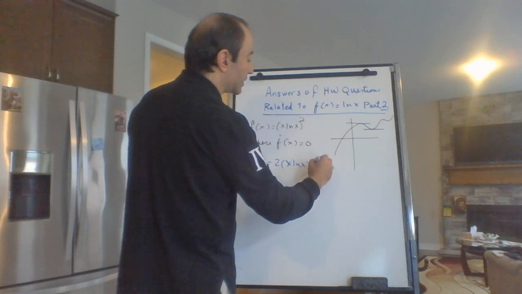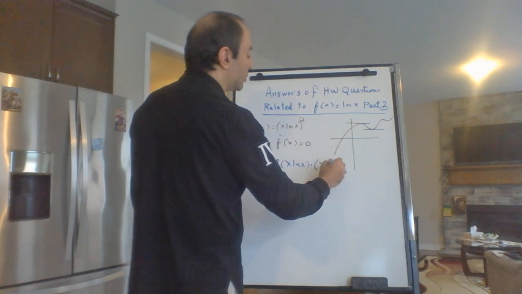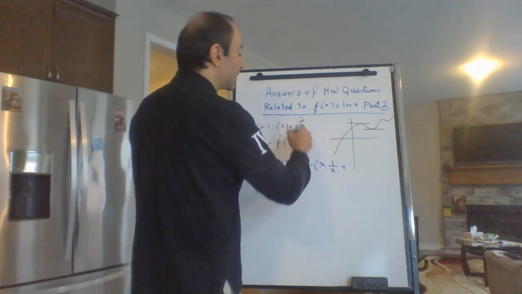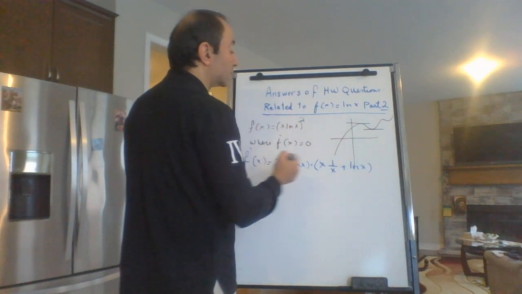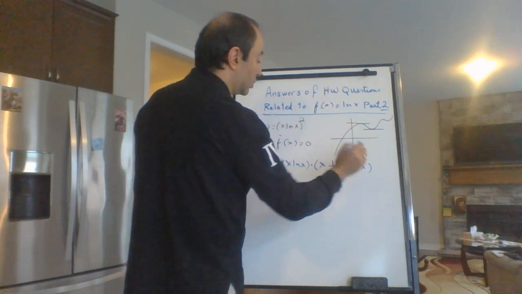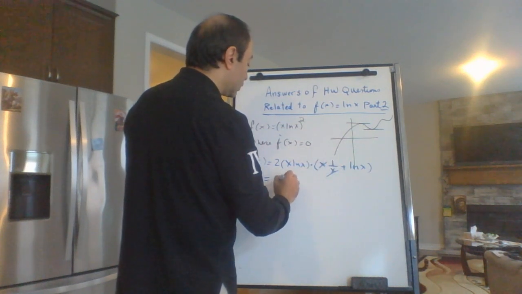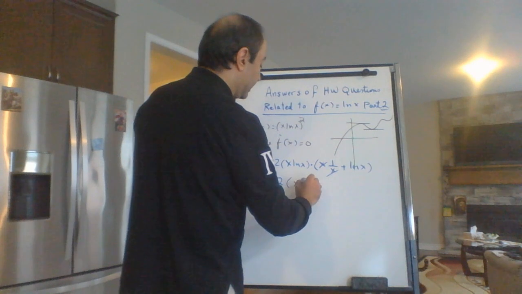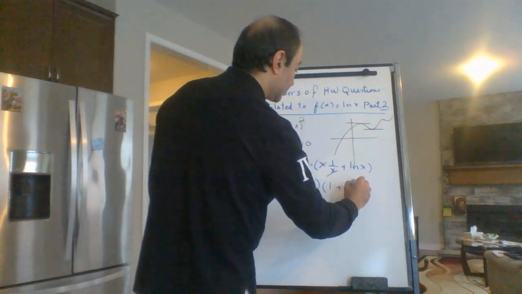Product rule says first times derivative of the second. What's the derivative of ln x? It is 1 over x. Plus second, which is ln x, times the derivative of the first, which is 1. So x and x cancel out. So the derivative is 2 x ln x times (1 plus ln x).